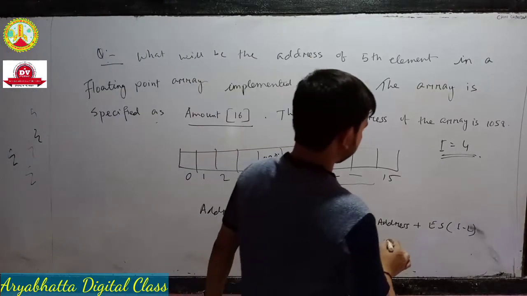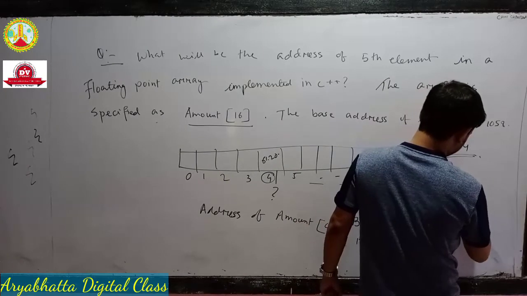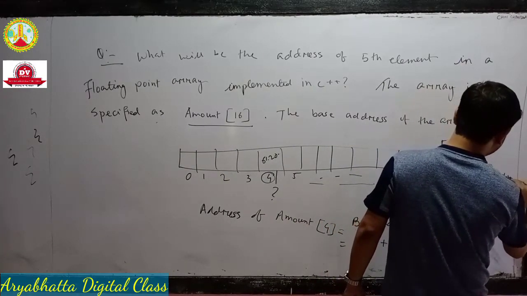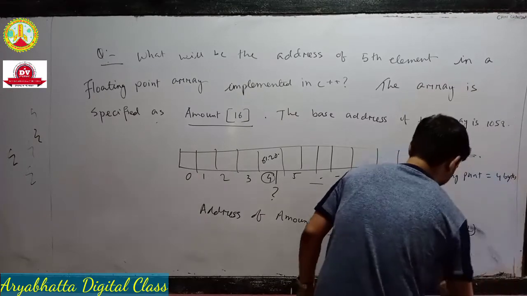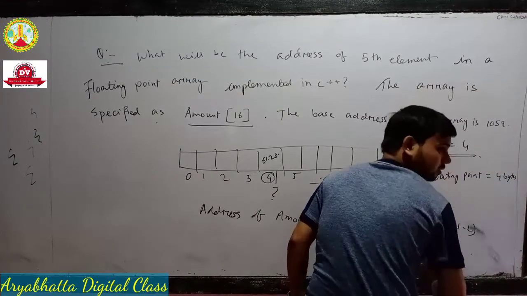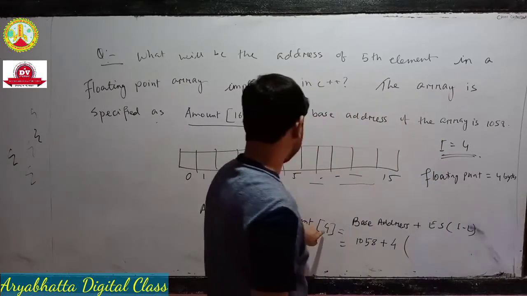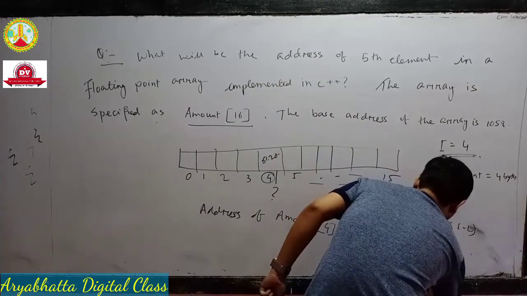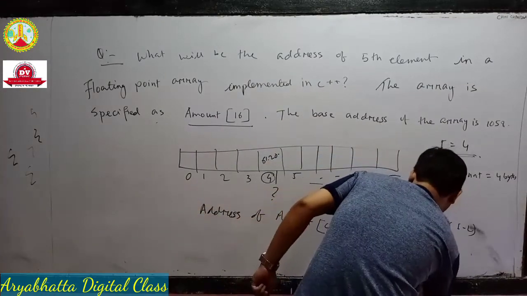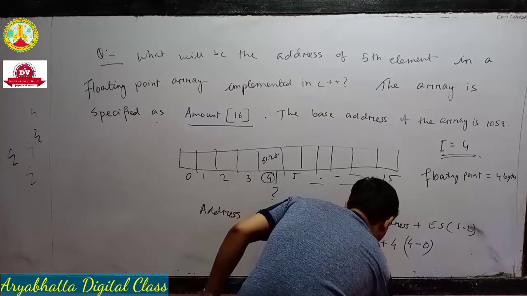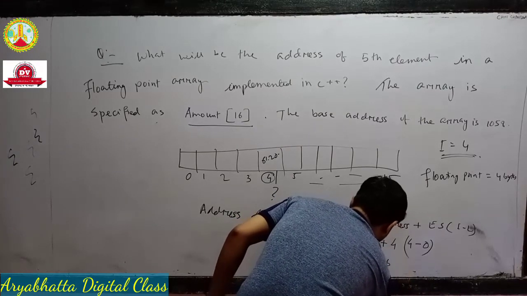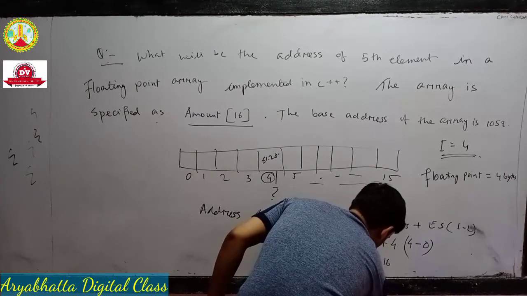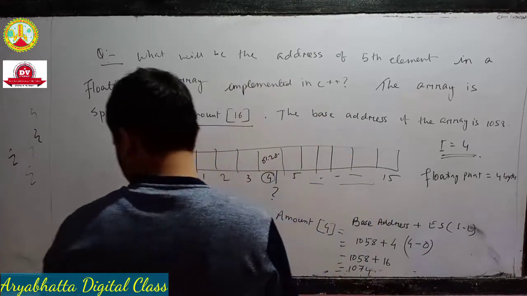In the floating point data type, the memory size is 4 bytes. Subscript is 4 because the fifth element means subscript 4, and the lower bound is 0. So 1058 plus 4 times 4 gives 1074. Your answer is 1074.